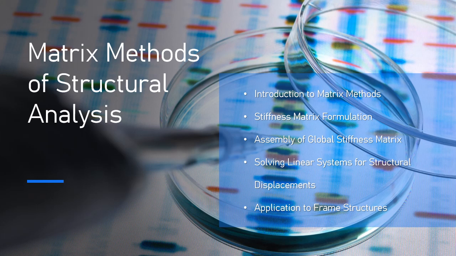For a truss element with length L, cross-sectional area A, and Young's modulus E, the stiffness matrix in local coordinates, considering axial deformation only, is K = (EA/L) [[1, -1], [-1, 1]], where E is the Young's modulus of the material.